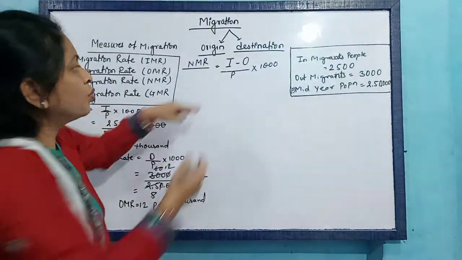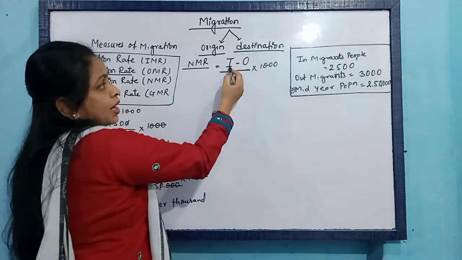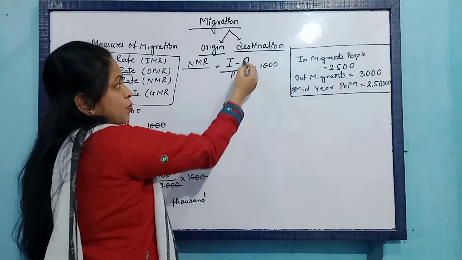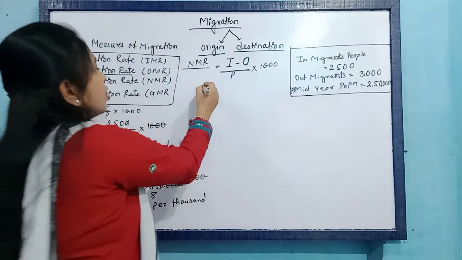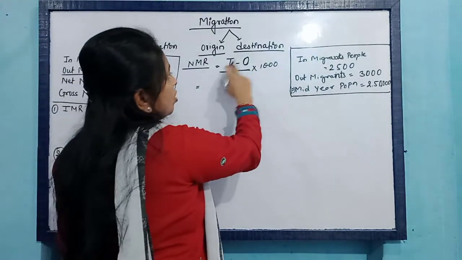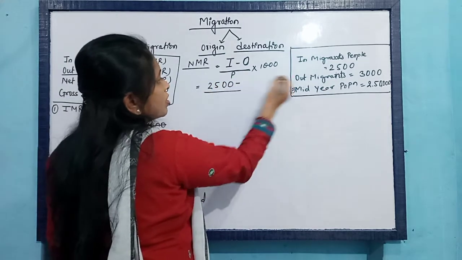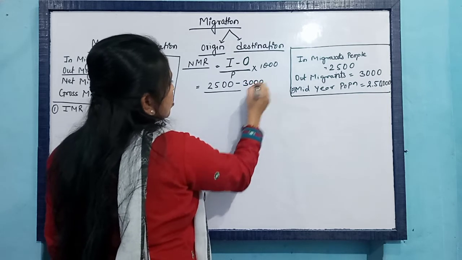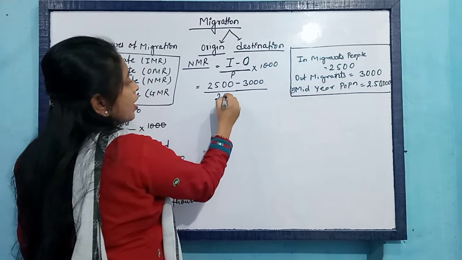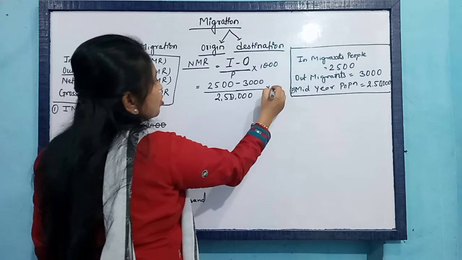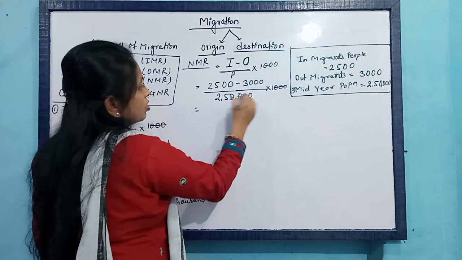So we subtract the out-migrants from the in-migrants, divide by mid-year population and multiply by 1000. Putting the values here: in-migration is 2500 minus out-migration 3000, by 2,50,000 into 1000.